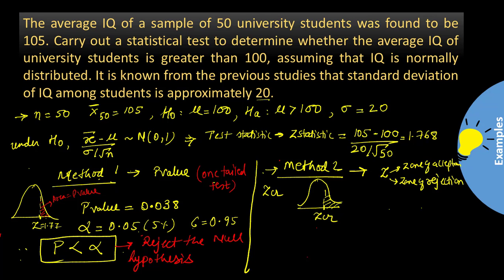Since this is a right hand one tail test, we have to select the Z critical in such a manner that the area under the right hand tail becomes equal to 0.05. So we need to calculate the probability of Z greater than Z critical, which is equal to 0.05.